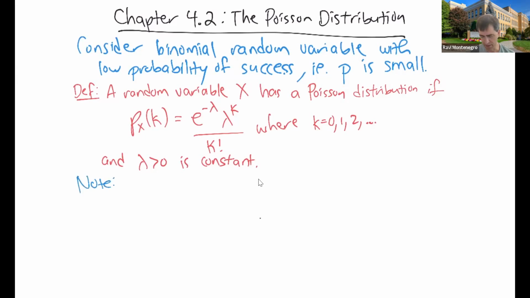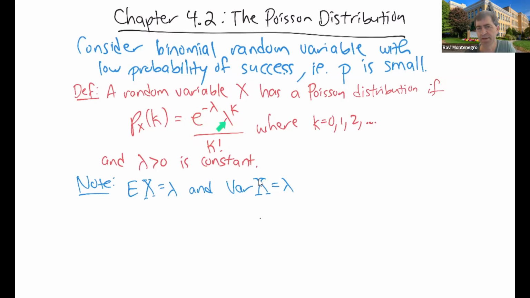Now let me add a little note here. When we're looking at a Poisson distribution, the expected value is lambda, and the variance is also lambda. So that's a little bit surprising that both of them are the same in this case. So if you look in the book, they will demonstrate that this is a PDF, meaning, well, we can check that it's always positive.